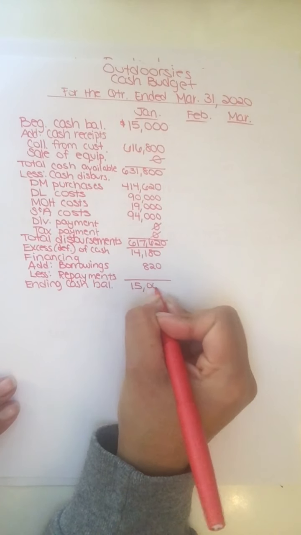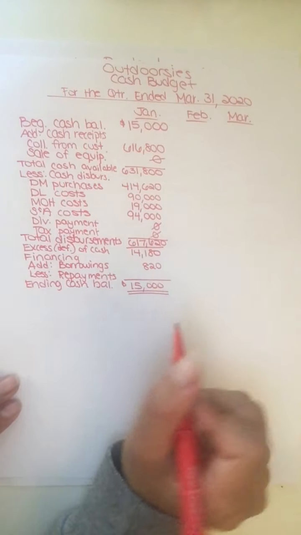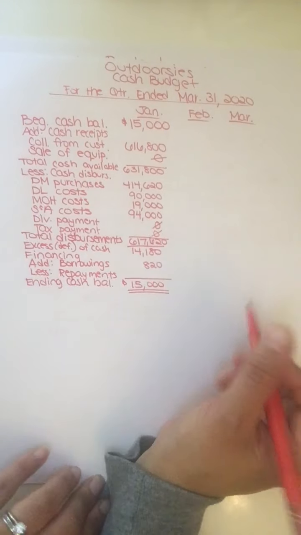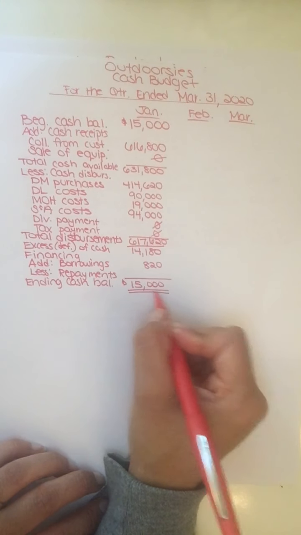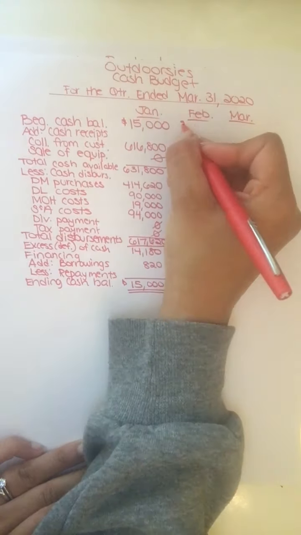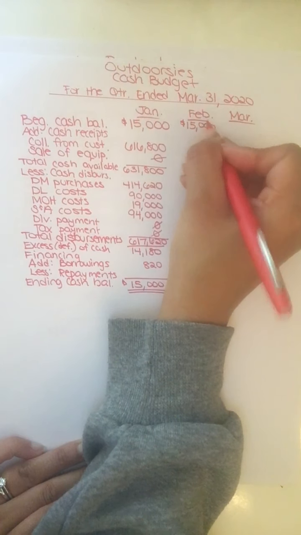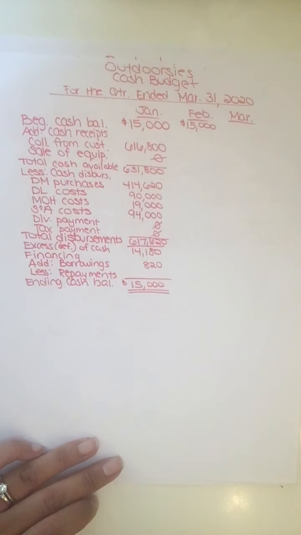Will give us an even $15,000. Now go ahead and try February on your own. We'll get you started. So this is what you end January with, therefore that's what you start February with. Okay, go ahead and try February and March, and I'll post the solutions.